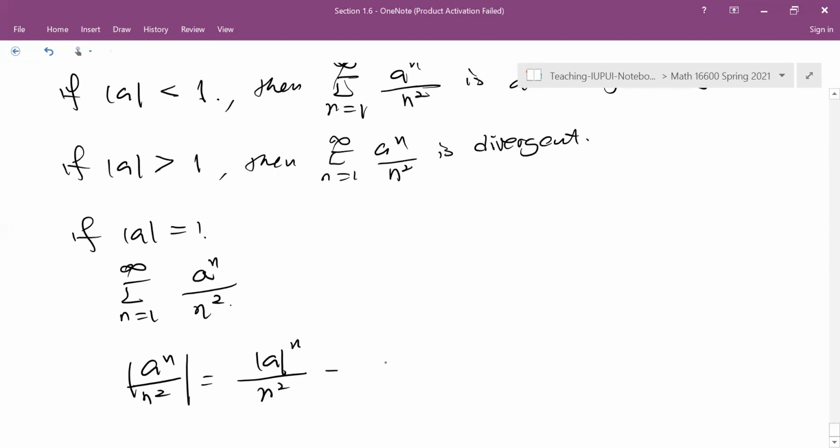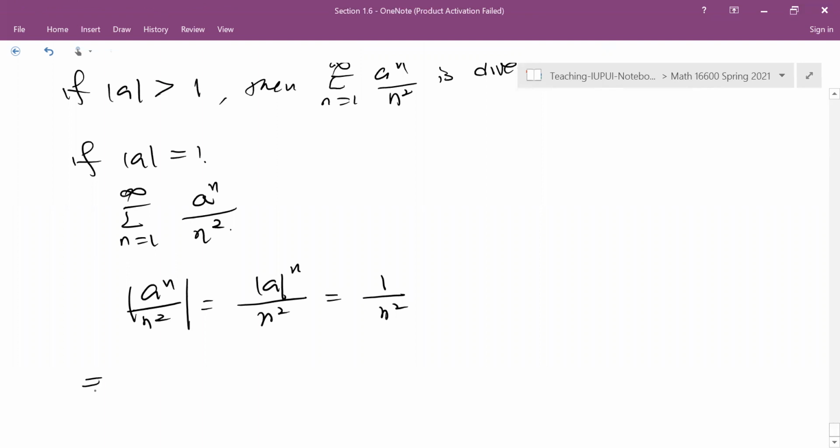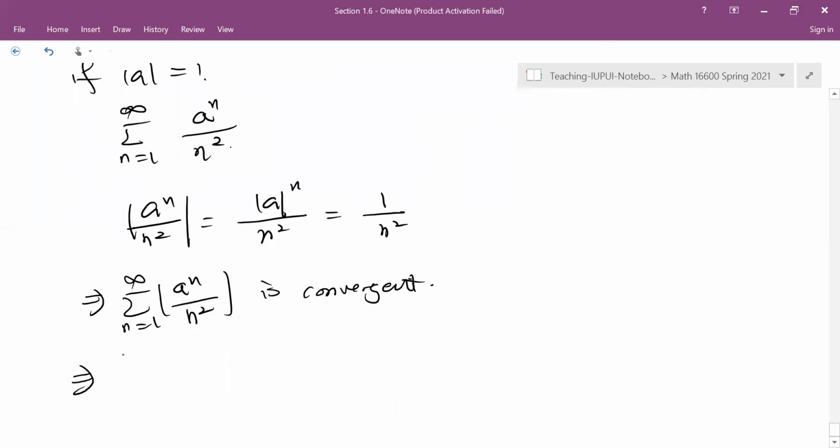Absolute A is 1, so it's 1, and this is convergent, right? So that implies this series is convergent, so the original series is absolutely convergent. Great.